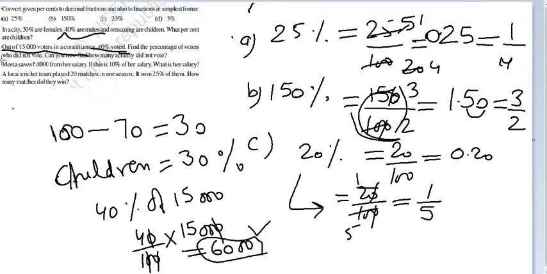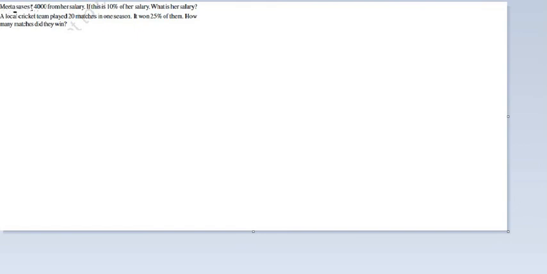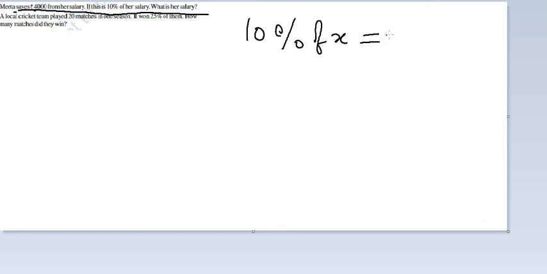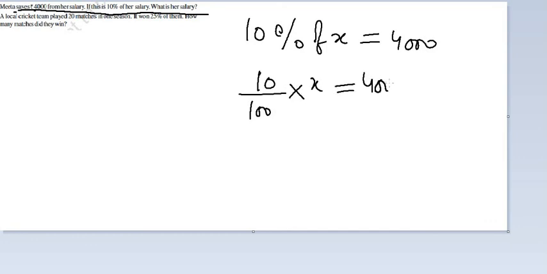Now, Mita saves 4,000 from her salary, and this is 10% of the salary. So we can say 10% of salary. Salary, let it be X, is 4,000. So 10% means we can write it as 10 upon 100 into X equals to 4,000.